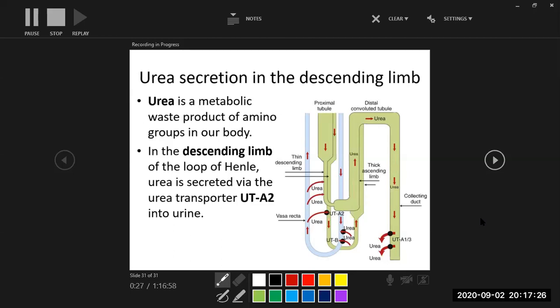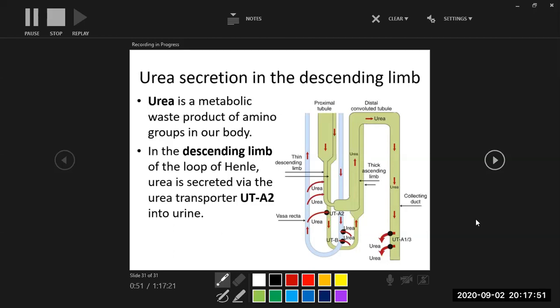The major portion where we secrete hydrogen for bicarbonate is in the proximal convoluted tubule. In the loop of Henle, we do secrete some hydrogen, about 10%, to reabsorb the bicarbonate. However, here we have one thing kind of unique, which is to secrete the urea. So its secretion is in the descending limb.